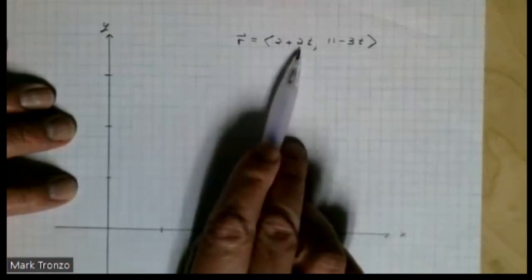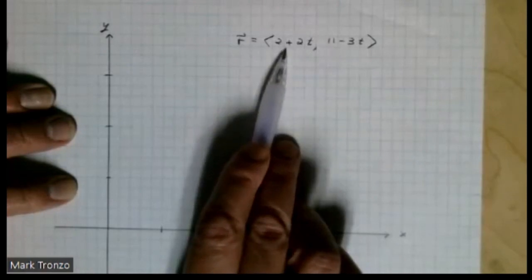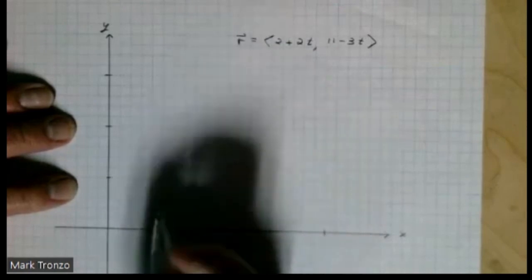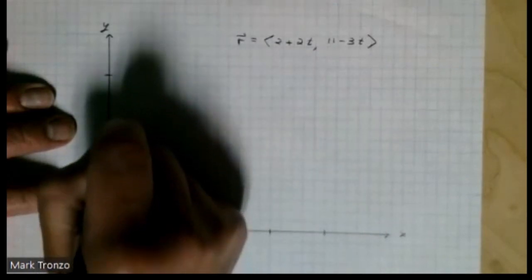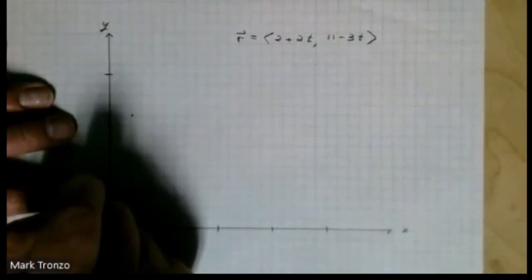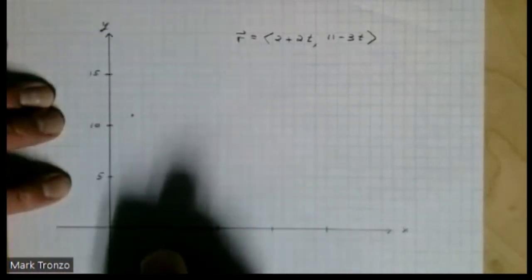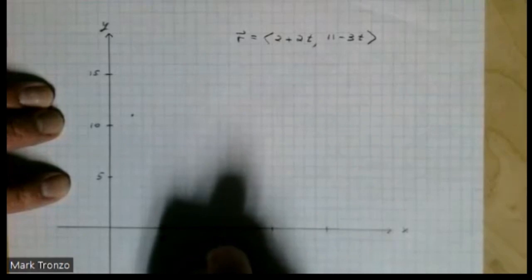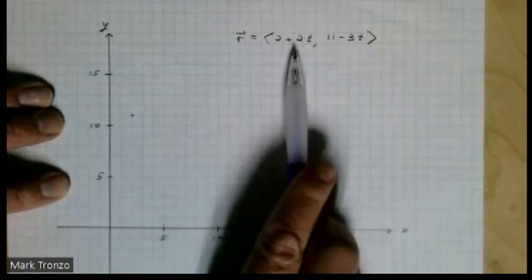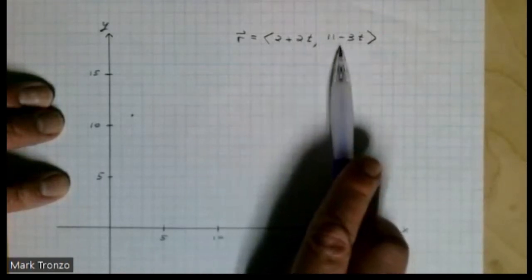And so again, if we make t equal 0, that'll mean r will have an x value of 2, which is here, and a y value of 11. And when t is 1, x is going to be 4.